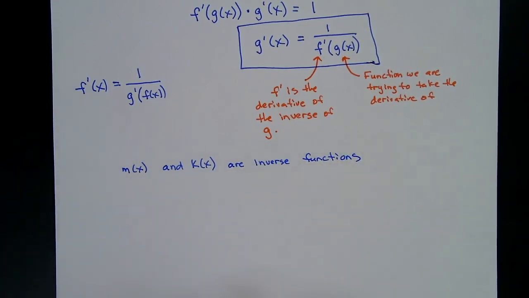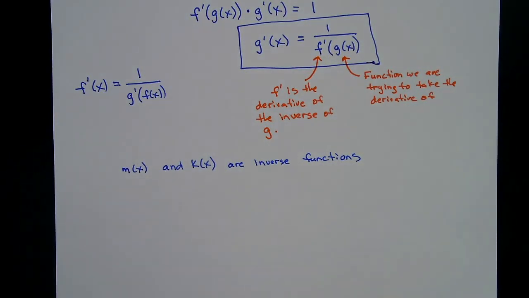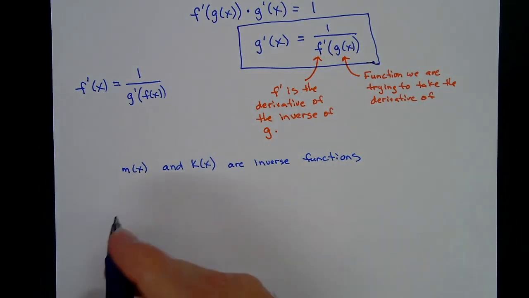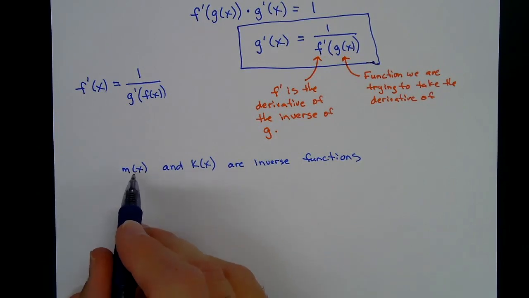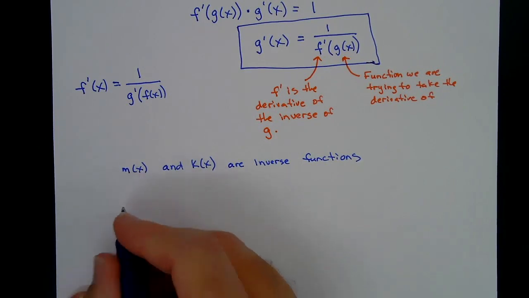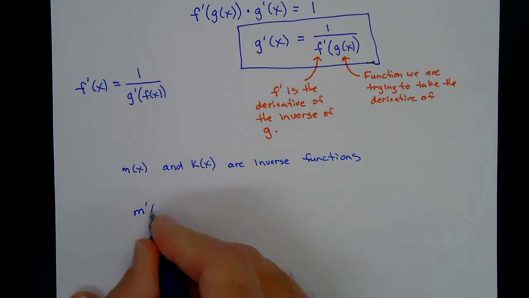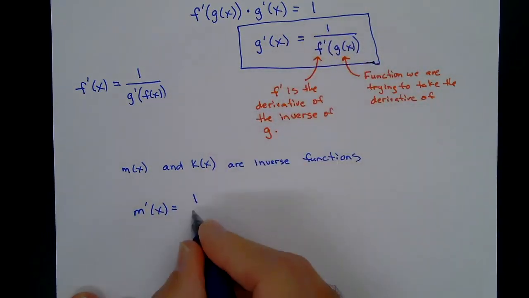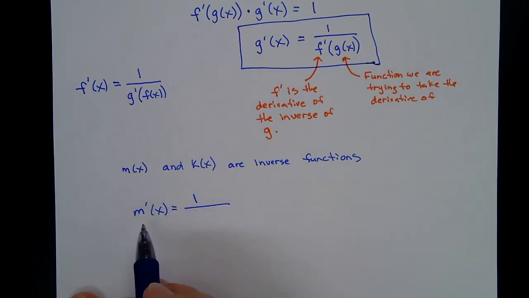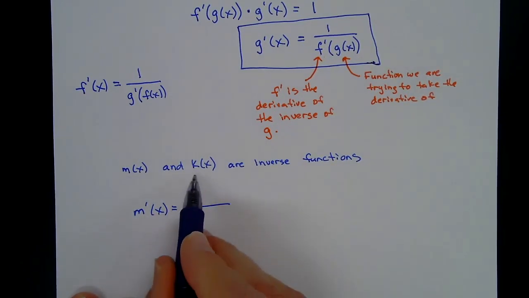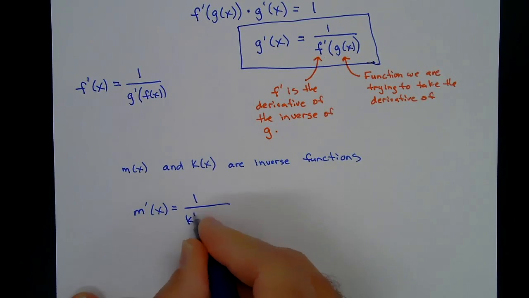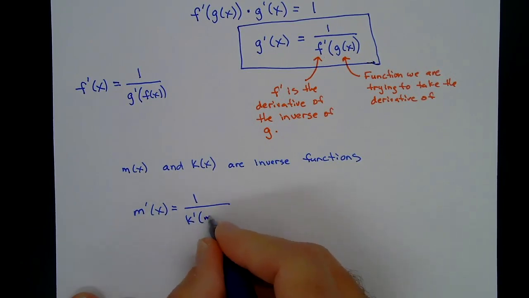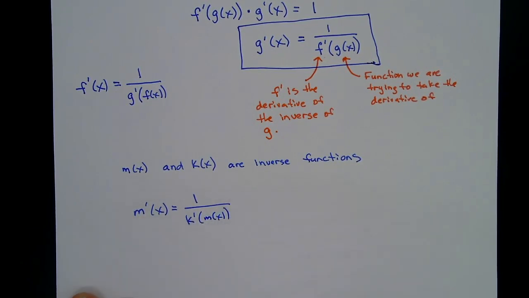So m of x, k of x, they undo each other. That's what it means to be inverse functions. So if I'm trying to find m prime of x, that would be equivalent to, using this idea here, 1 over the derivative of the inverse of m, which would be k, so k prime of m of x. And that's the derivative of any inverse function.